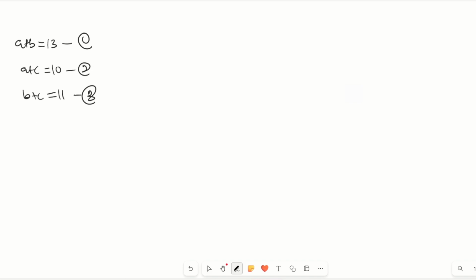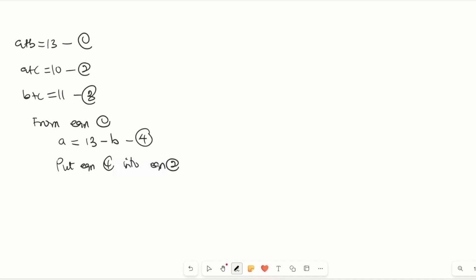So we want to solve the 3 equations simultaneously. From equation 1, A should be equal to 13 minus B. Then we can call this equation 4, right? So we can put equation 4 into equation 2, because we have A in equation 2.